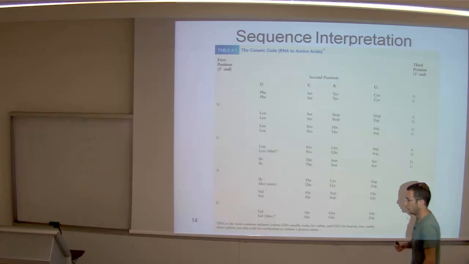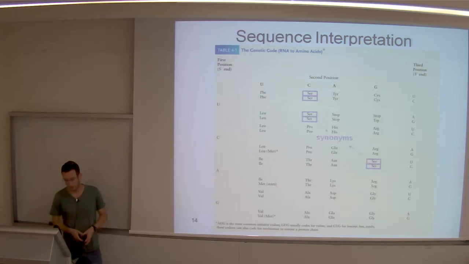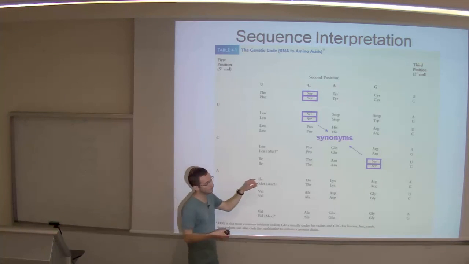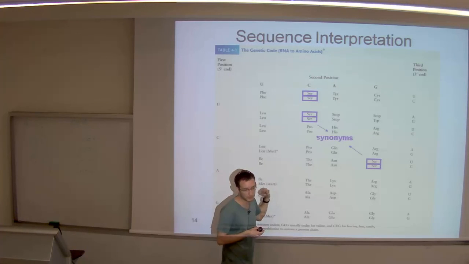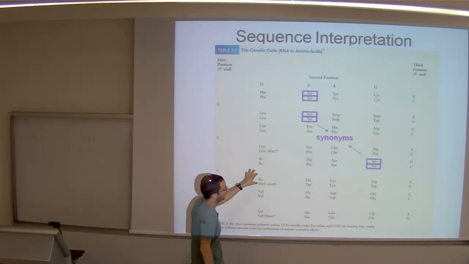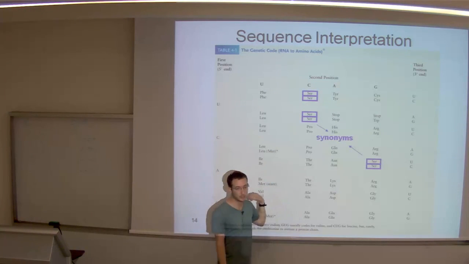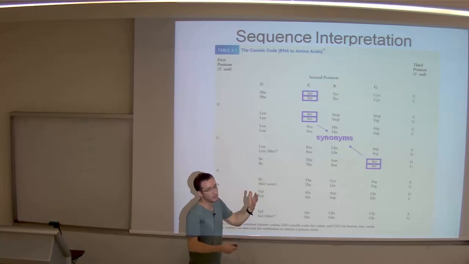And a few things to note is first that it's degenerate to some extent. Degenerate means that we have 64 possible combinations of triple codes, because we have a three-letter code, and we have 4 letters that are used in this code, and we only have 20 amino acids. So some codons will code for the same amino acid, right?